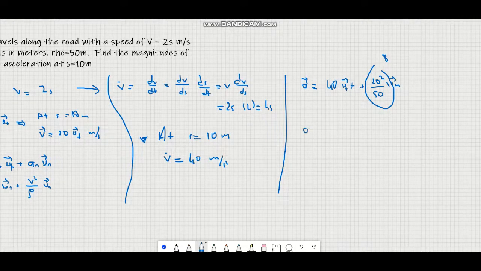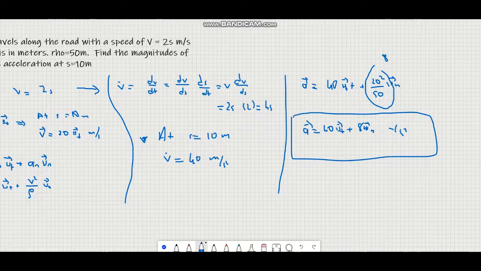So the acceleration vector quantity is going to be 40 in the tangential direction and 8 in the normal direction, un, in meter per second square.